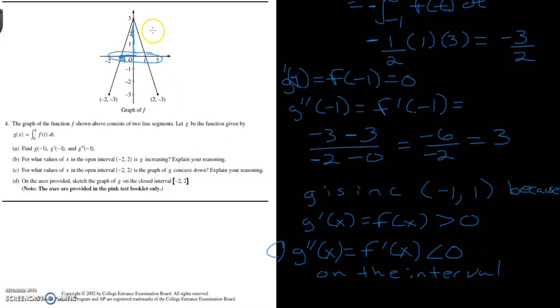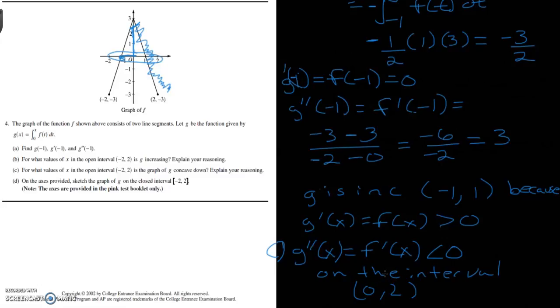It's where the slope of the slope is negative over here. So you would say from 0 to 2.